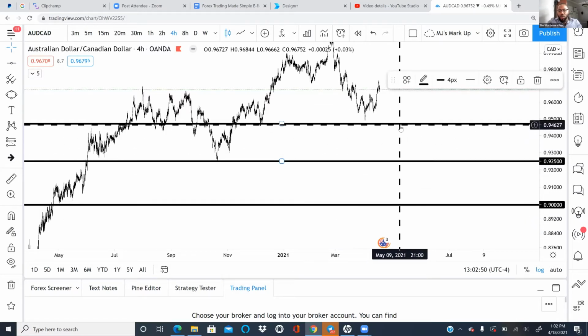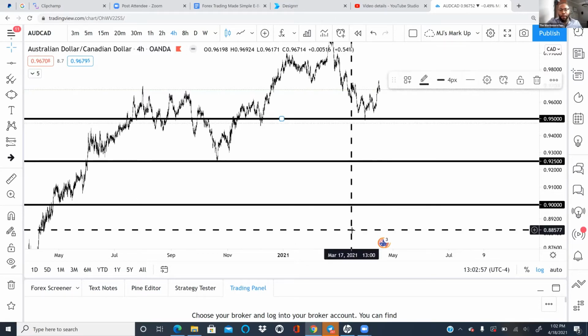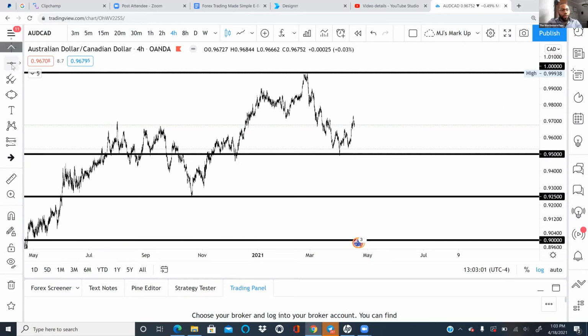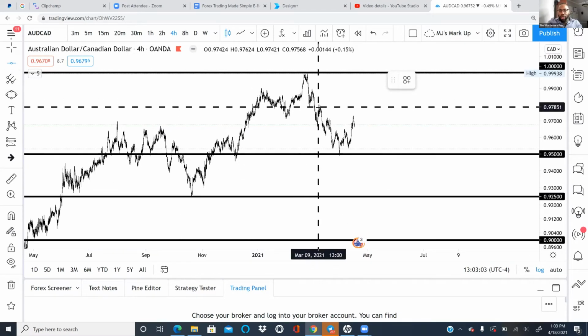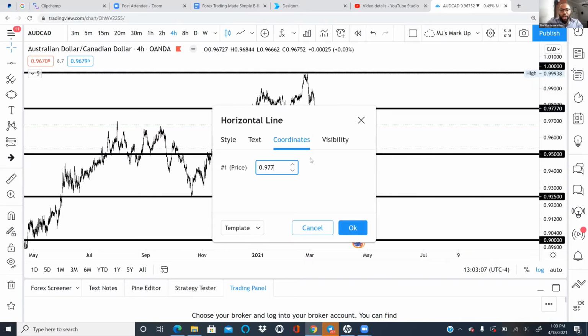The next one, naturally, will be 0.95. Boom, right there. And then the last one is going to be 0.975, and we'll put that right here. 0.975 flat. Check it out.